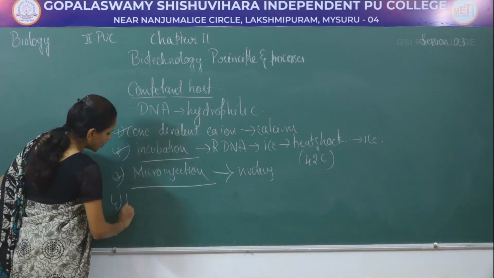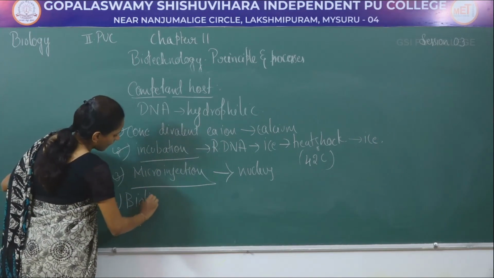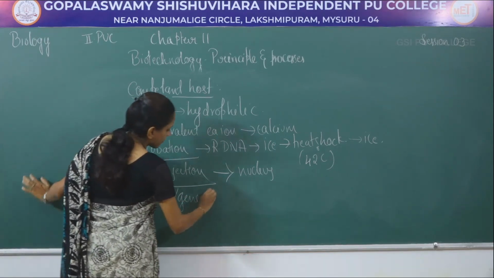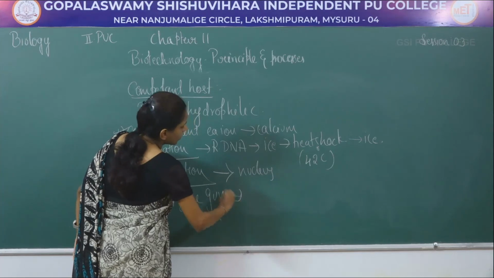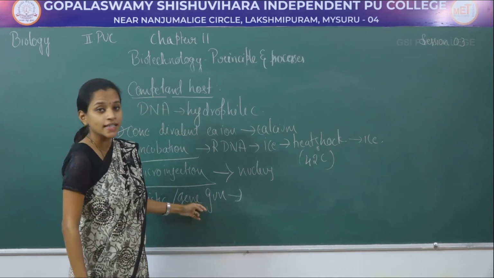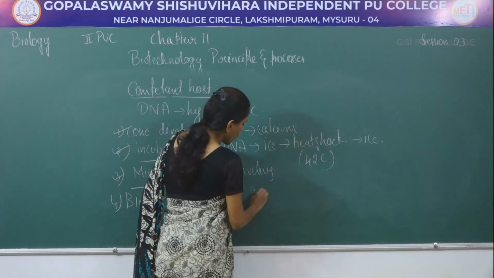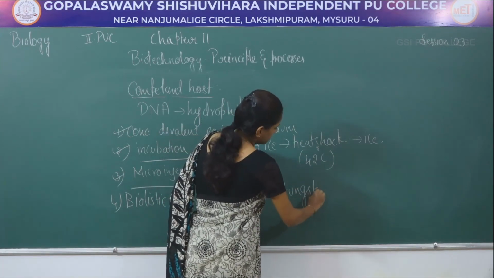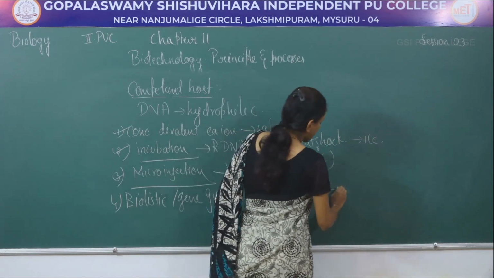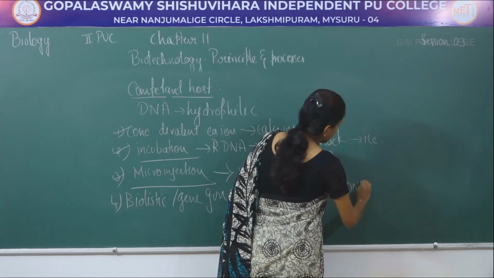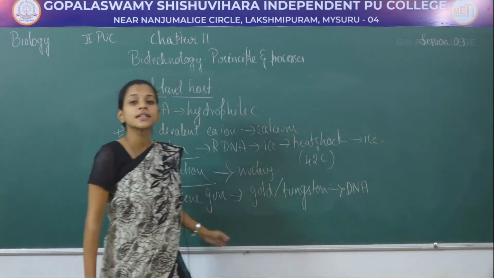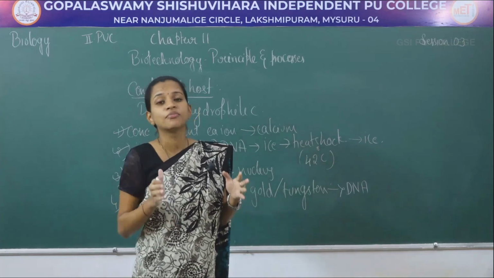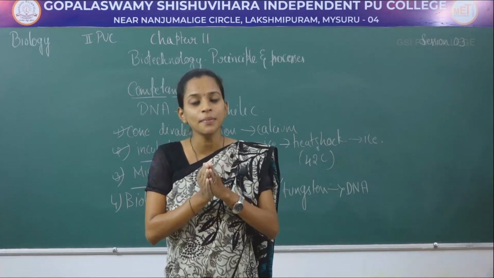Fourth one is the biolistic method or gene gun method, where the DNA will be coated with gold or tungsten. This is restricted to some of the plants.